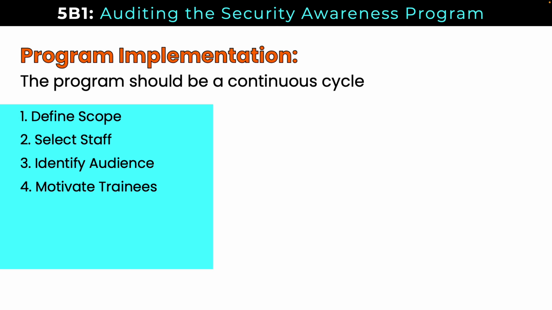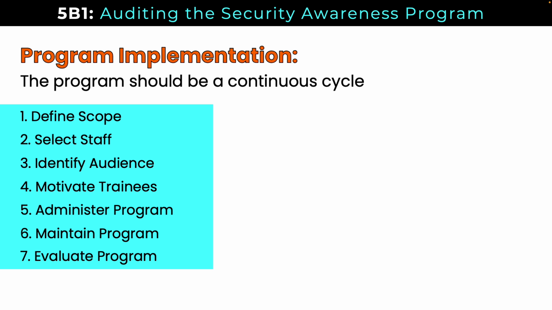They need to be motivated to onboard this knowledge. We administer the program, we maintain this program over time, reassessing our needs over time, and occasionally we will evaluate that program and course correct or refine our approach and our methods where needed.